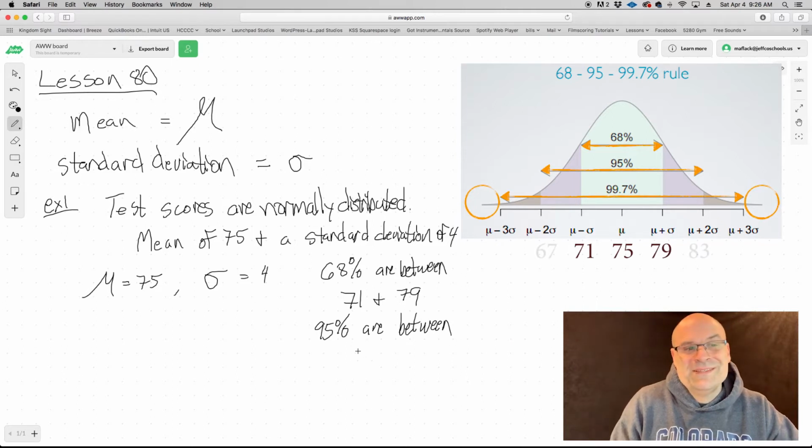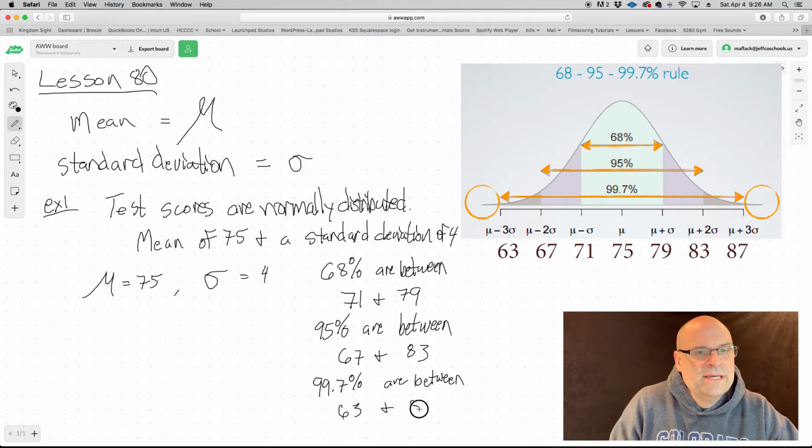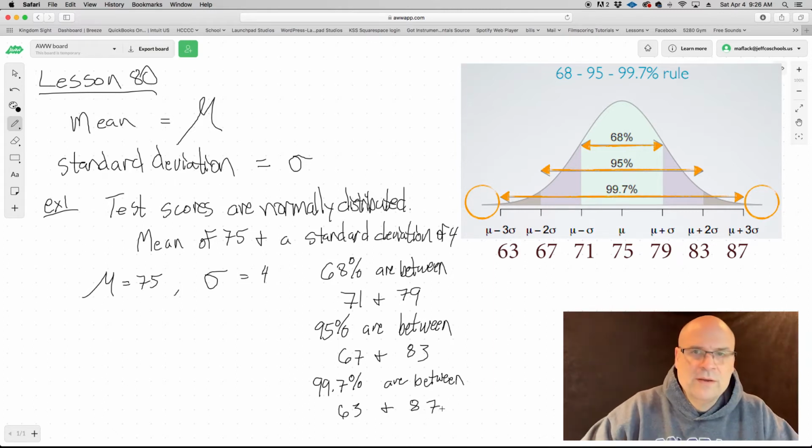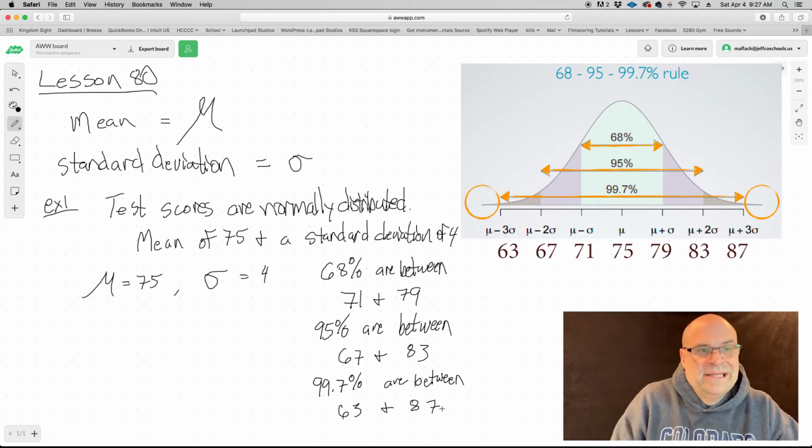So 75 minus 8 is 67, and 75 plus 8 is 83. And then 99.7% are between 12 below and 12 above, so 63 and 87.